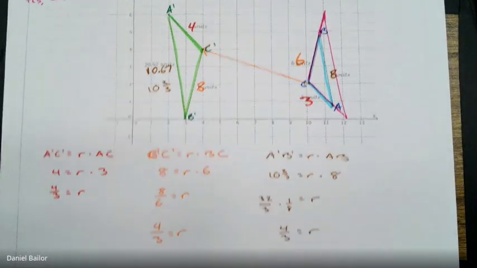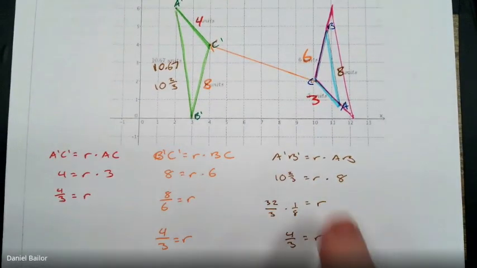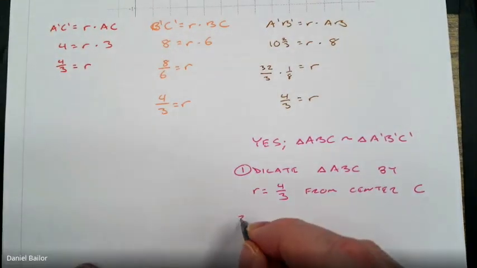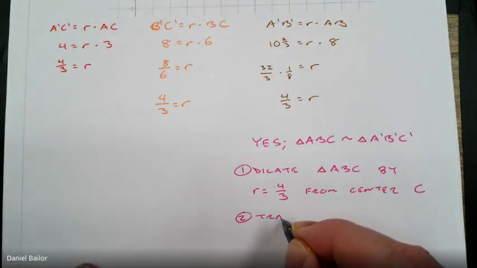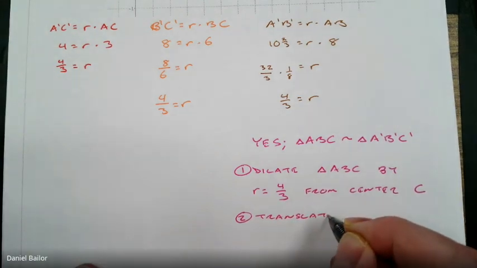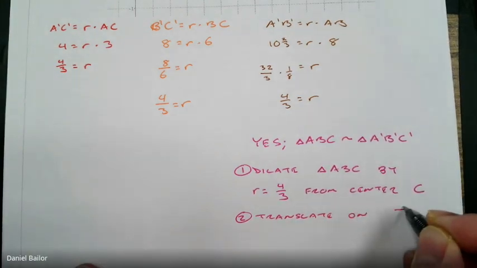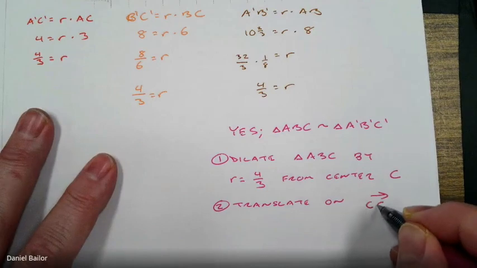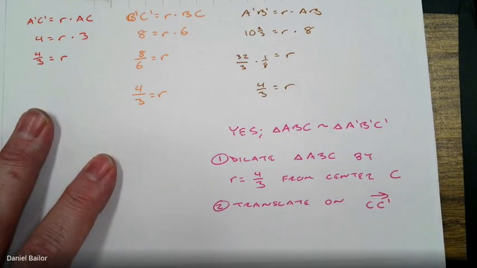So I dilated, and then I follow this vector. So that means I'm sliding, which means I translate on vector, and the vector starts at C and goes to C prime. So as I translate on vector C, C prime, just like that.